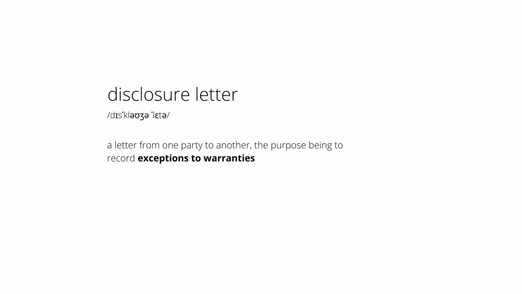If we use the example of a purchaser who, at the time of entering into the agreement, became aware of an employment dispute that the vendor had disclosed, even though the vendor might have disclosed this dispute, the purchaser may still seek a further indemnity to be covered for any costs or losses suffered by it or the business when the employee dispute is resolved at a later date. So that's a good clear example of how an indemnity can be used.